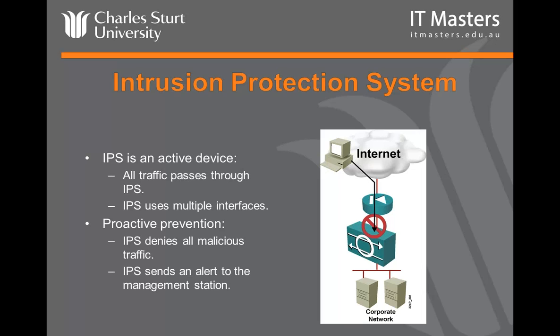So with IDS, you'd have a management interface which would be out of band, on a separate network or a separate VLAN or DMZ or however you want to term it, and then you would have a promiscuous interface which would listen to the traffic as it's coming down the line. IPS, by comparison, so part of our compare and contrast here, will sit in line.